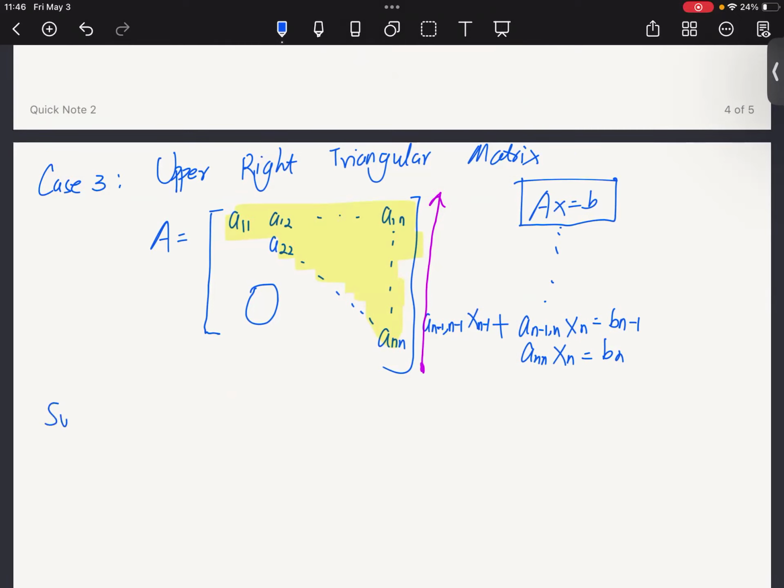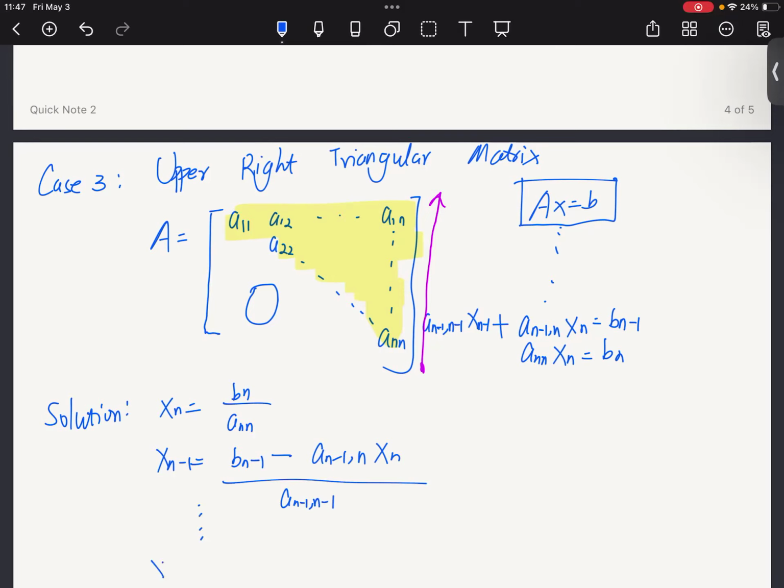For the solutions, I got Xn equals Bn over Ann, and then X(n-1) is just B(n-1) minus the left-hand side with the values we already know, A(n-1,n) Xn, and then divided by A(n-1,n-1), and all the way to X1.